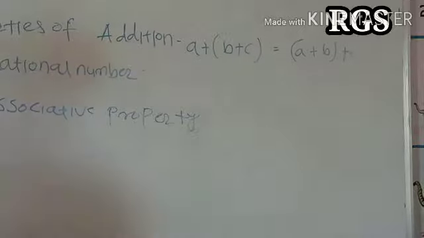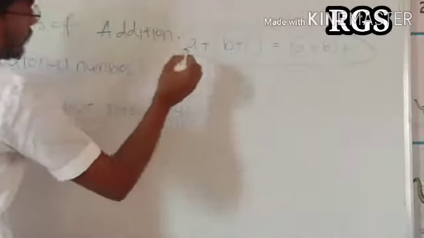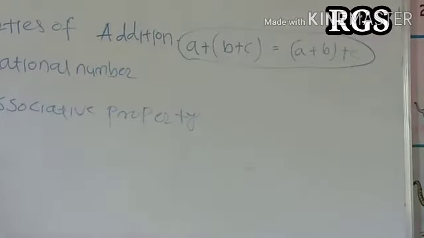Having any idea after watching this equation? What is the associative property? Okay, I will tell you.